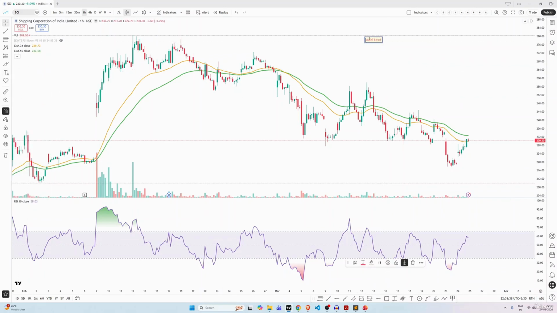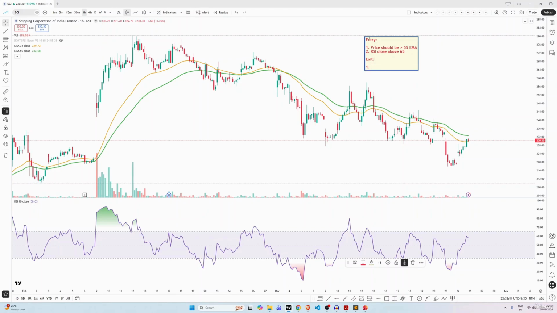Entry conditions: first, price should be above 55 EMA, and second condition was RSI close above 65. So these two conditions are our entry conditions, and let me also write the exit conditions.